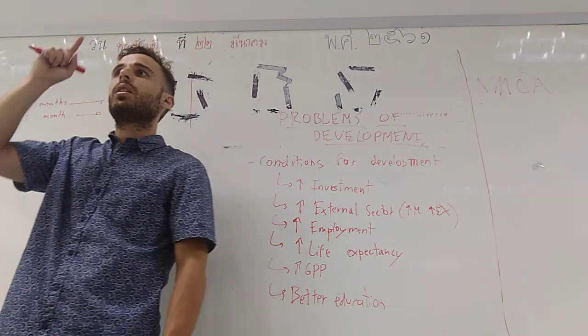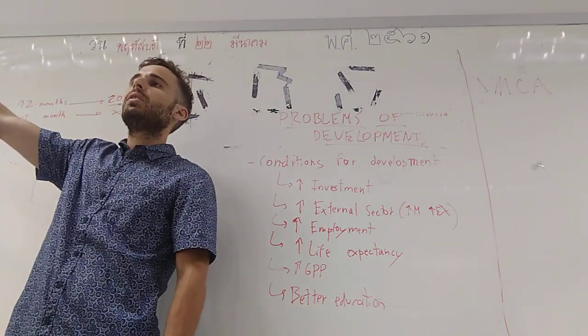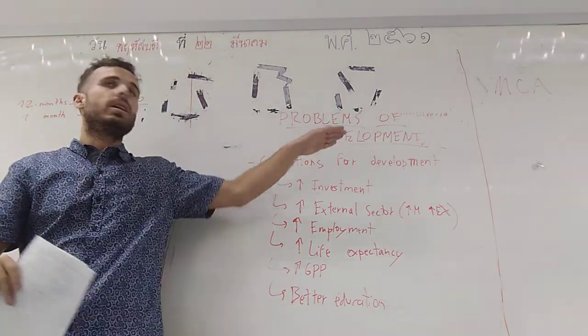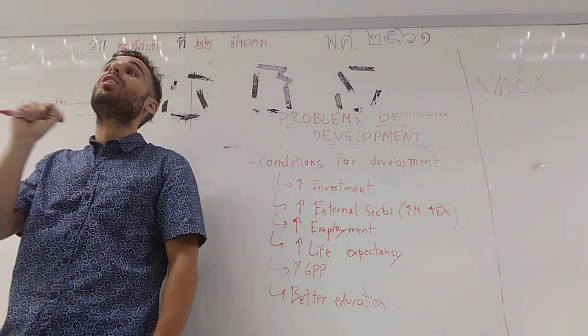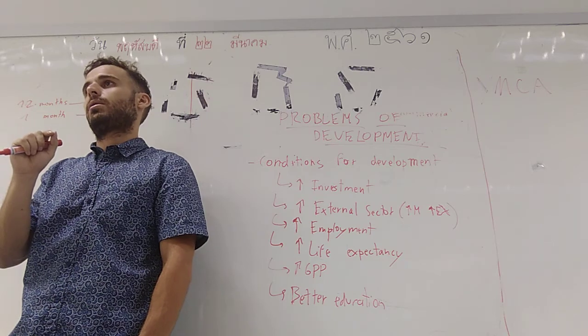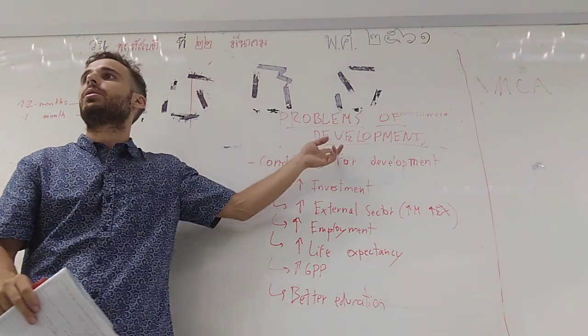Your brain has to link Human Development Index with development. It goes together. Guys, look at the name. It's called Human Development Index, so probably it has to do something with this.